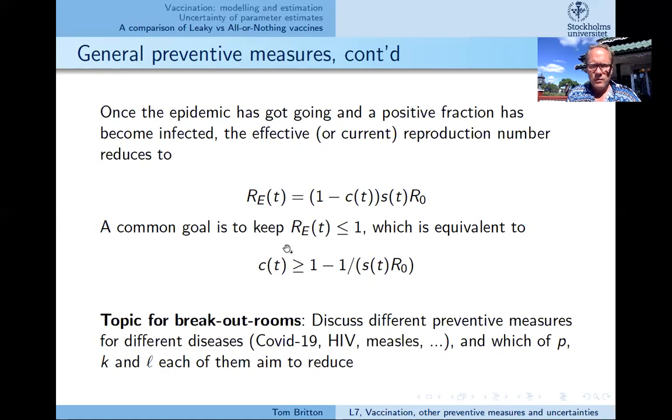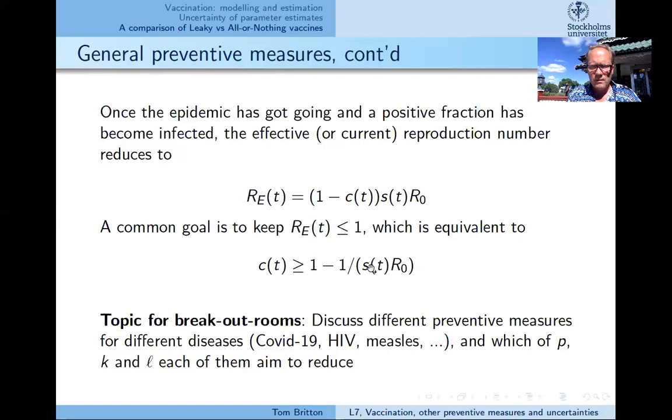So that's equivalent to having the fraction of the reduction be at least 1 minus 1 upon R0 times the fraction currently infected. I noticed that here I have fraction, where I think Michael has numbers.